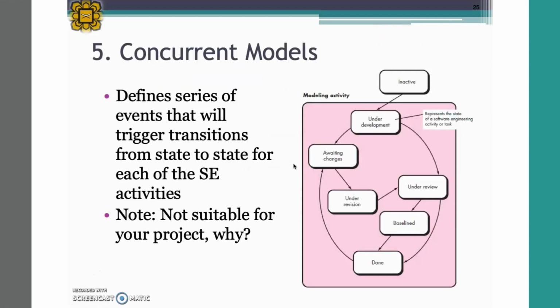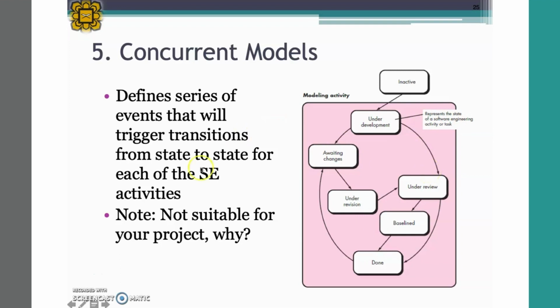So, the concurrent model. When I say concurrent models, this is a category. An example is represented in this figure, which is not really representing the real software development activity. It actually represents the state of a software engineering activity. It is not the whole complete system like the other examples.